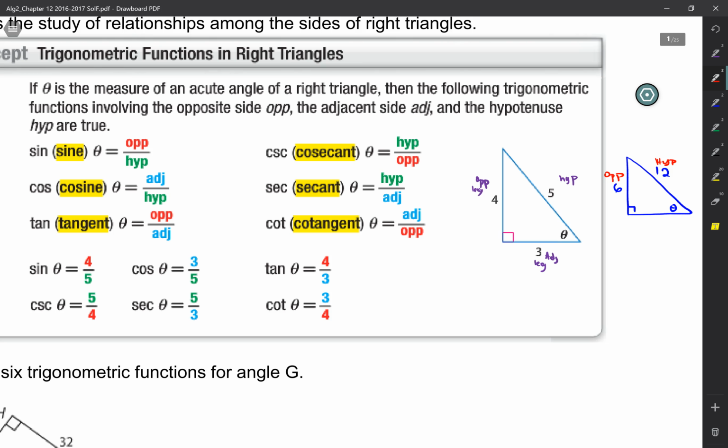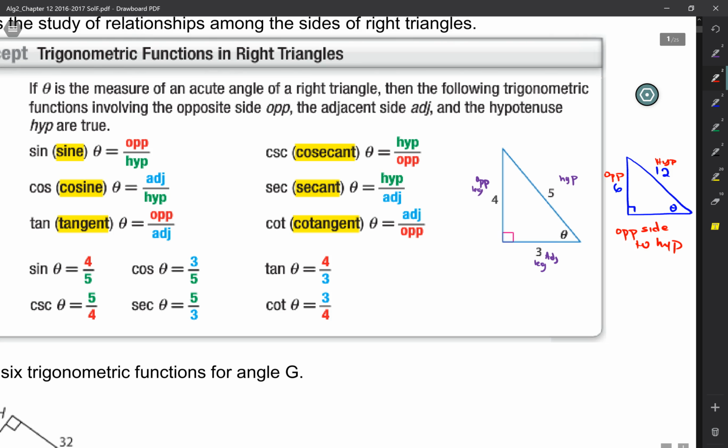So if I wanted to write it in ratio form, like a scale, I would say it's either 2 to 1 or 1 to 2. So I would say the ratio of the opposite side of theta to the hypotenuse is 1 to 2. That is a mouthful.